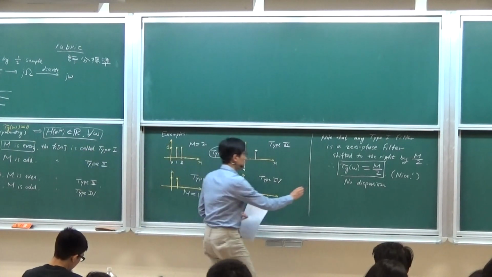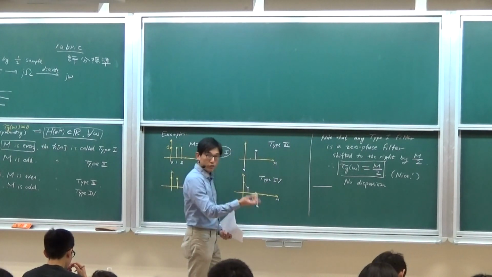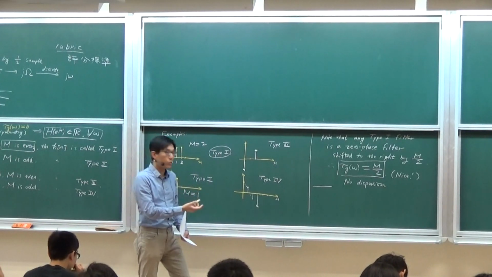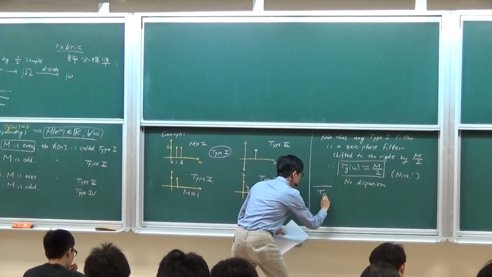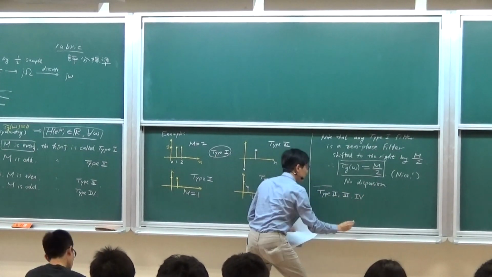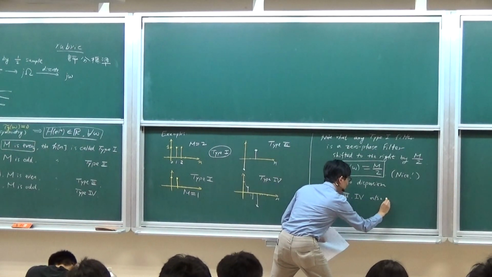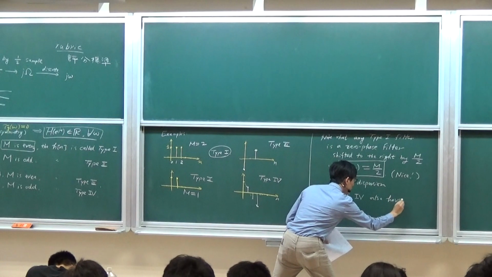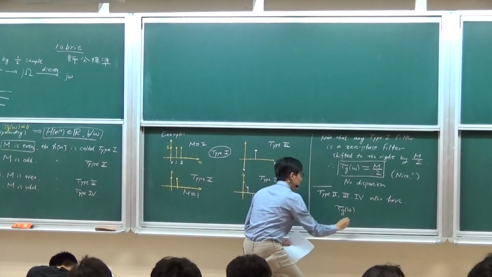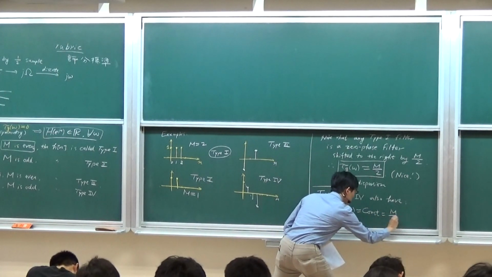As a matter of fact, type 2, 3, and 4 also have this property. For all of them, the group delay as a function of frequency is going to be constant. And that constant still is n divided by 2.